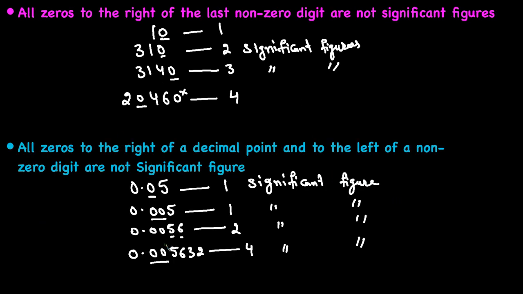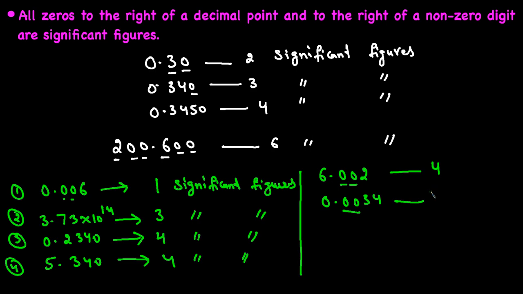Remember this rule over here. So this will have 2. Let's do one more. 300.06. So there is 1, 2, 3, 4, 5, so 5 significant figures.